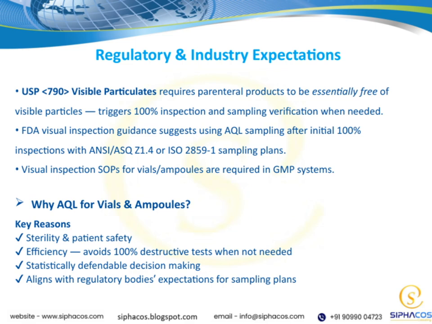Third, this approach supports making decisions based on solid data, which is crucial for quality assurance. And finally, aligning with regulatory expectations for sampling plans helps us stay compliant and ready for inspections. So, integrating these standards and sampling strategies is key to balancing quality, safety, and efficiency in our manufacturing processes.